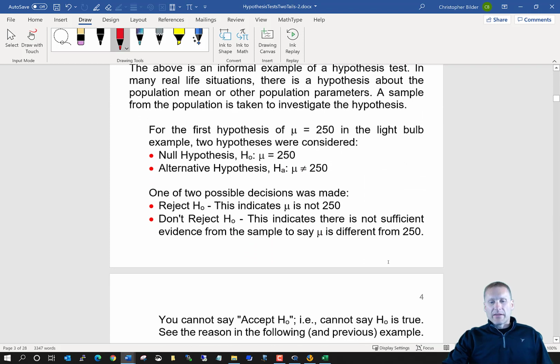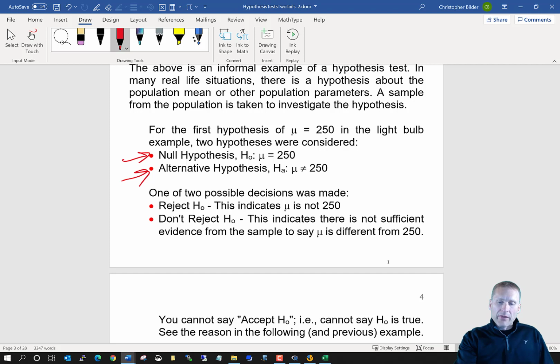So let's formalize this more. Well, in statistics, and used in a wide variety of other places as well, you always have two hypotheses that you're looking at. One's called a null hypothesis, one's called an alternative hypothesis. Either one or the other is true.